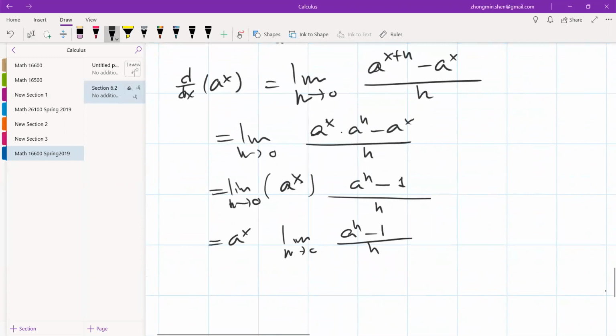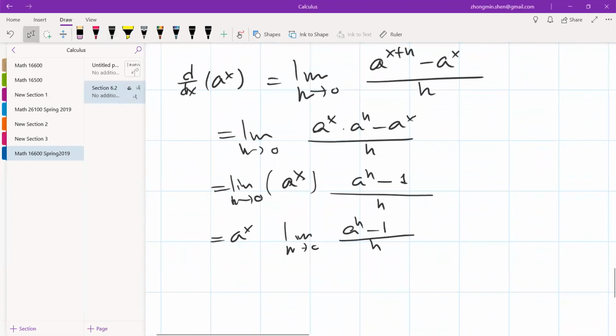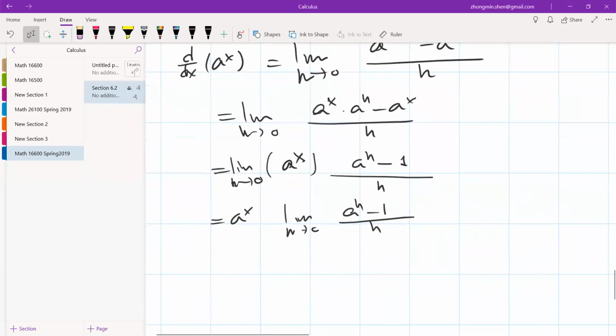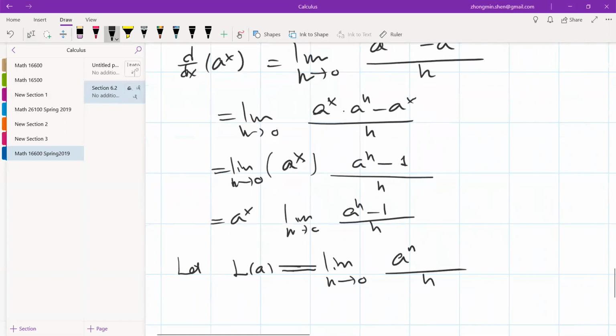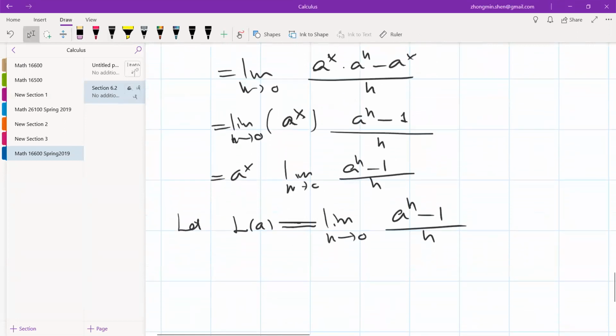Okay. And what is the limit of that? We have no idea. What is that limit? Right. So that's where you do research. Okay, I'm going to let L of a denote this limit, because I know it depends on a, right?